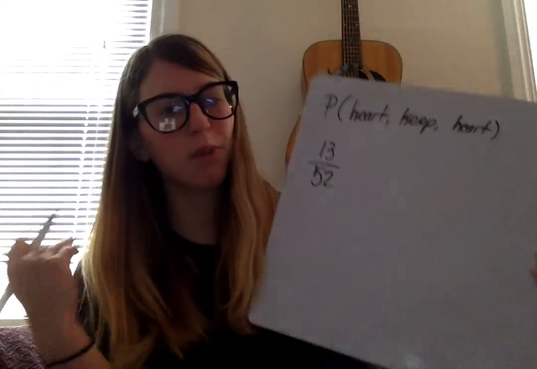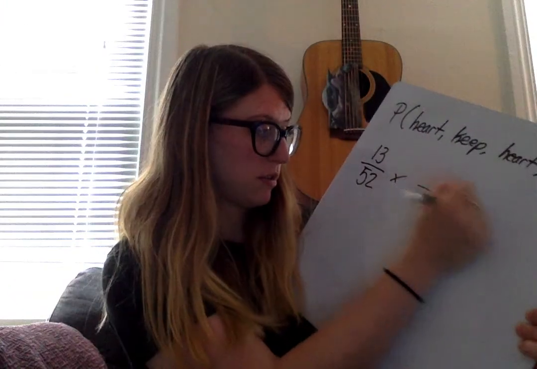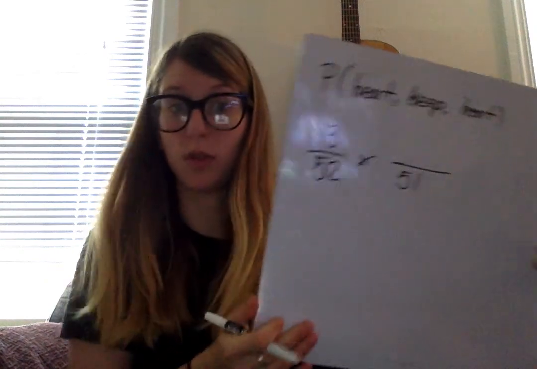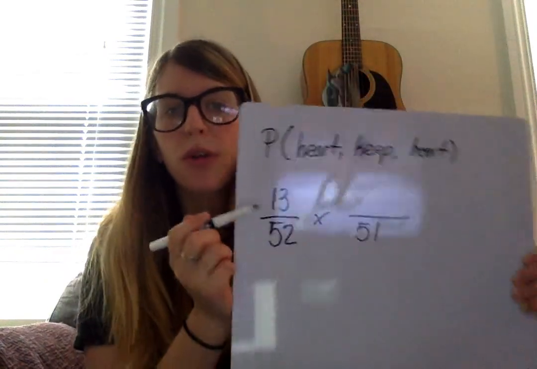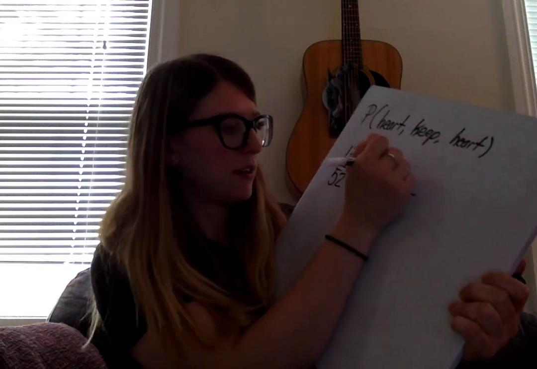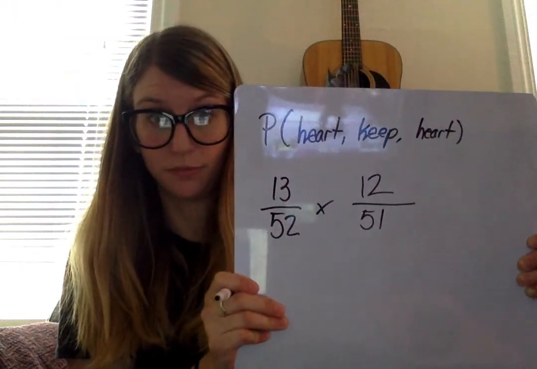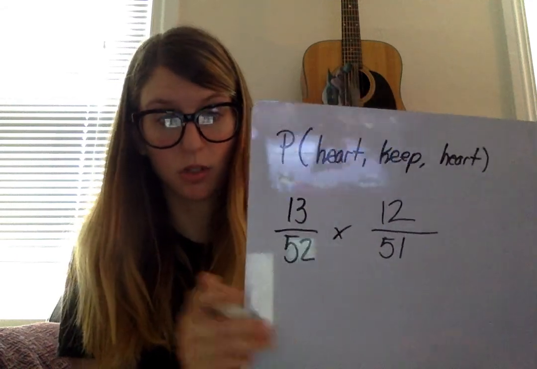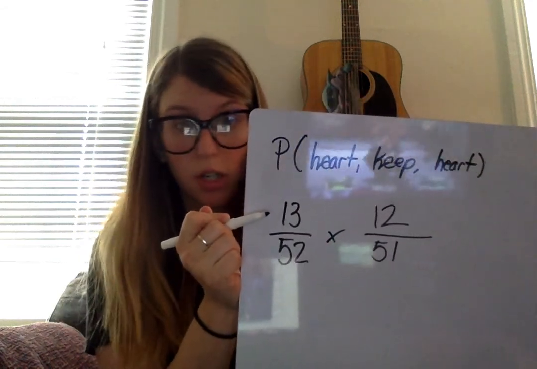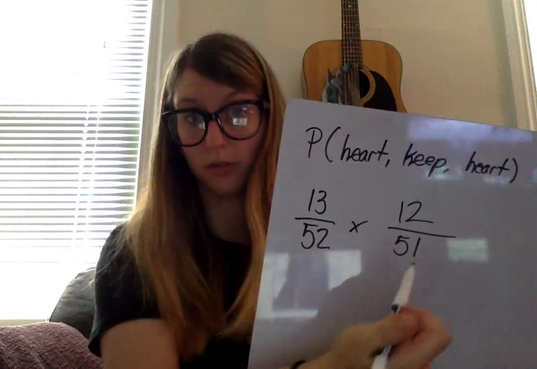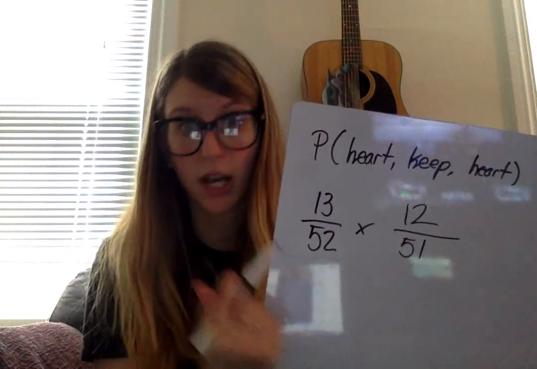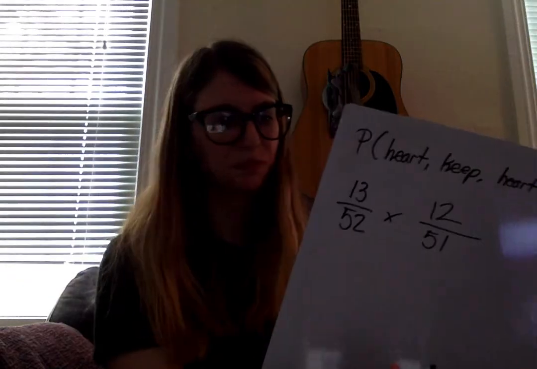But here's the thing: if I keep a heart, there's no longer 52 cards. There's 51 cards. And there's no longer 13 hearts. There's 12 hearts. I hope that makes sense. There's no longer 13 hearts in the deck because I took one out, so now there's 12. There's no longer 52 cards in the deck because I took one out, now there's 51.